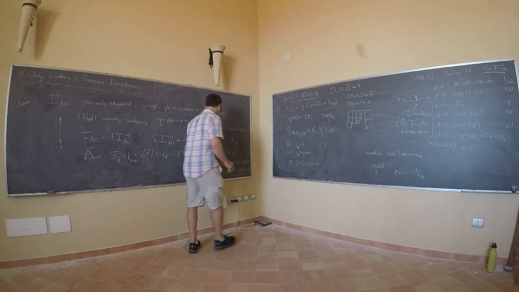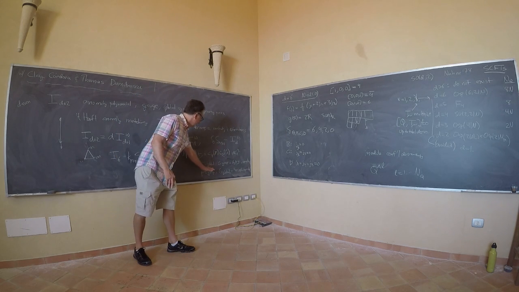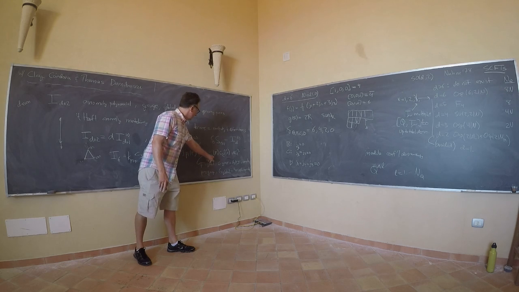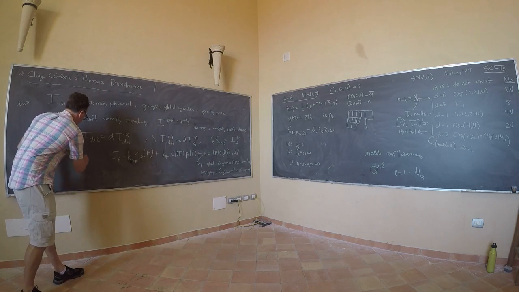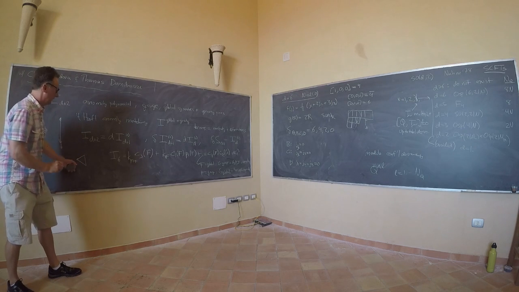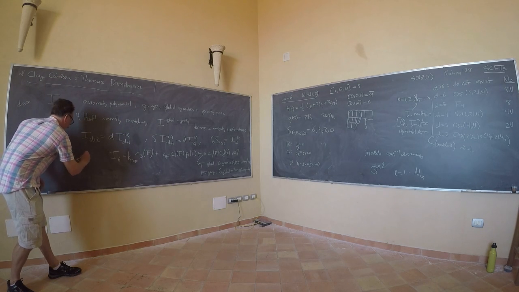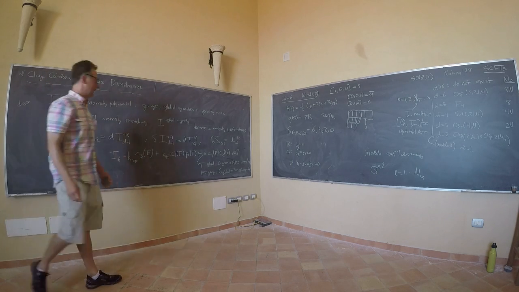And the distinction that I want to make between these two cases is that this is a triangle diagram, with F at one vertex and G at the other vertices.